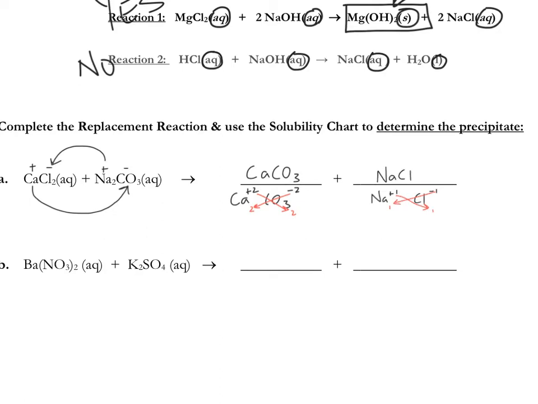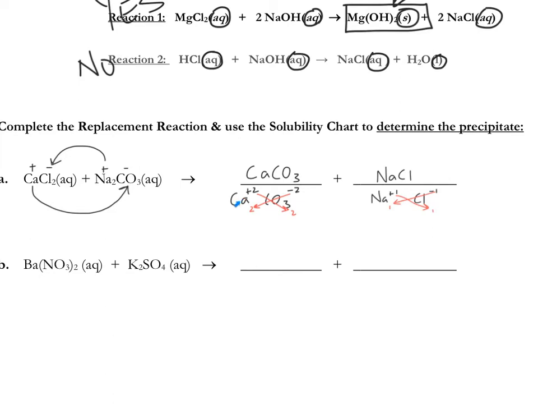Okay, so now figuring out which one is a precipitate. In this compound, you're going to find the negative ion. The negative ion was the carbonate. So when you look on your solubility rules list, go down to find CO3 -2, and it appears to be insoluble, and the exceptions are compounds of ammonium and the alkali metal cations.